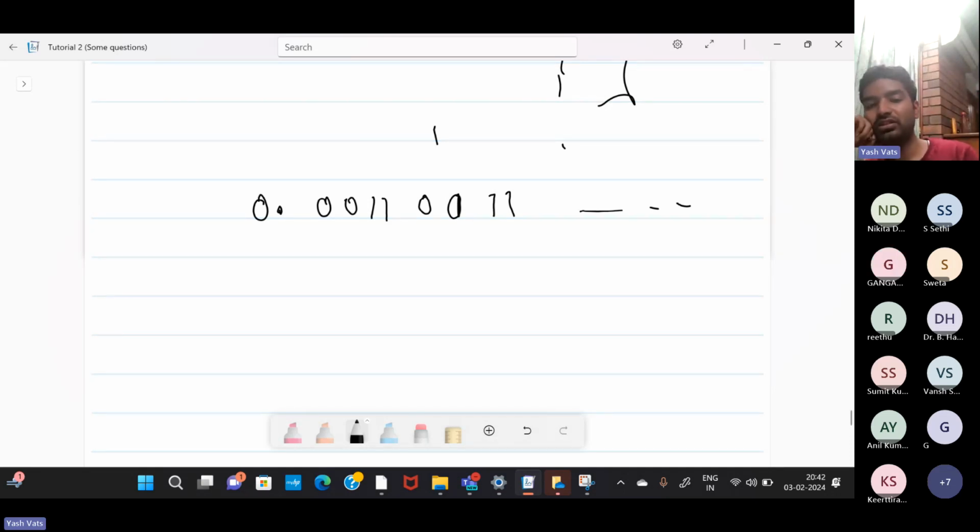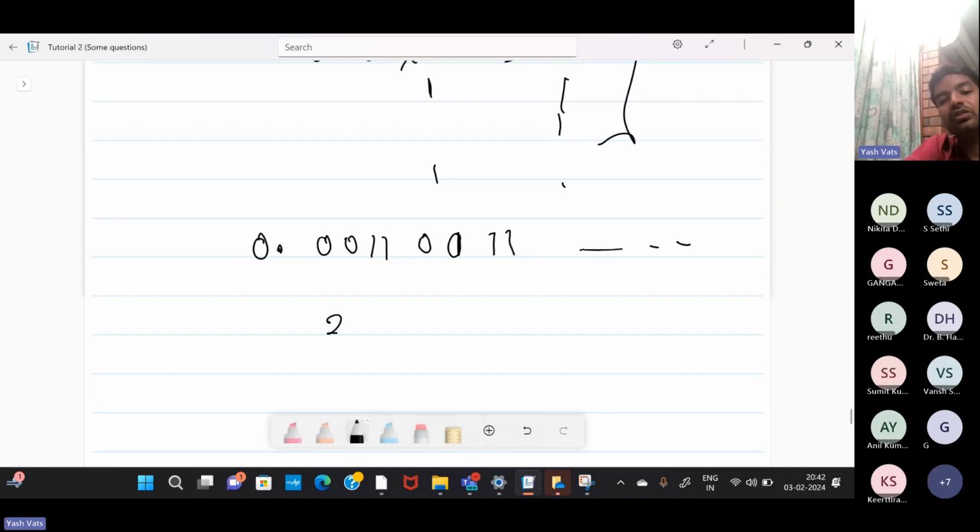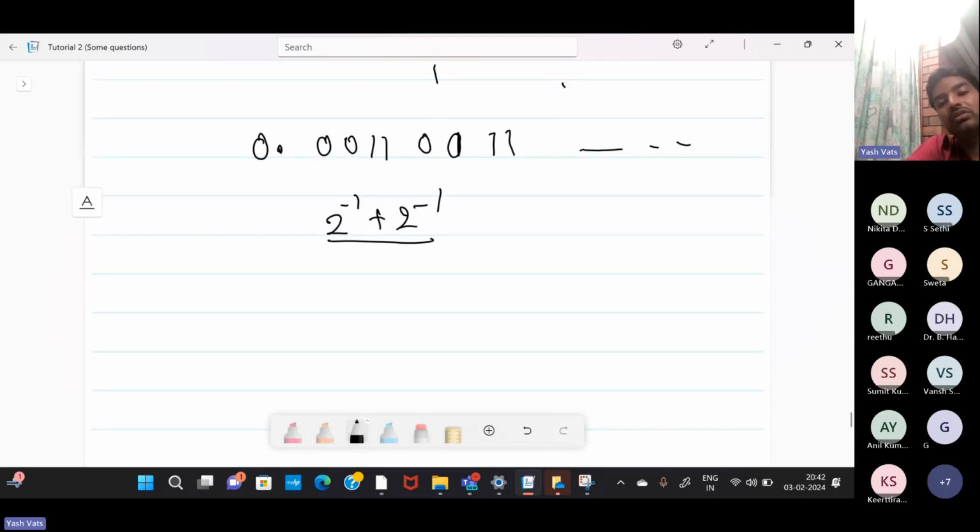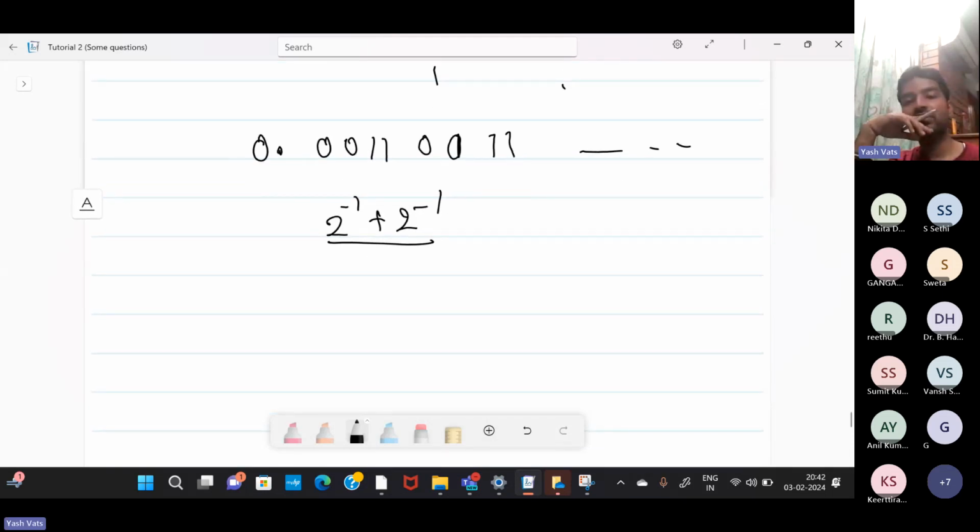How do you recover it? Okay, let's try to recover it. Maybe see if it's right or not. So 2 to the power minus 1 plus 2 to the power minus 1... 1 by 2 plus 1 by 2 plus 1 by 2... Okay, it's not the way to recover it.